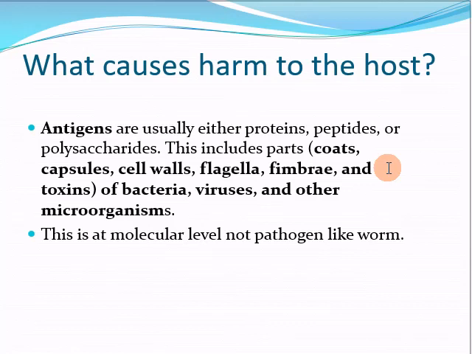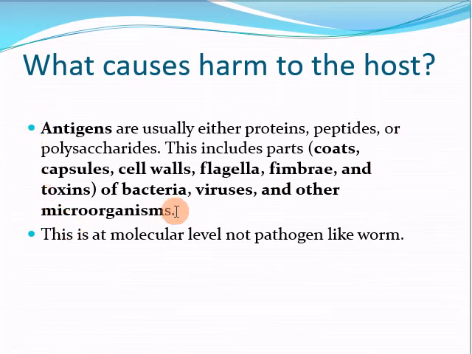Also there are pathogens that cause infections, like worms, but worms we never call antigens, because antigens are those pathogens or immunogens that enter right inside the body. Here we are talking about the specific defense, not the external defense.